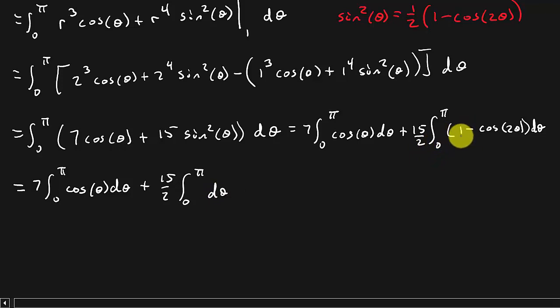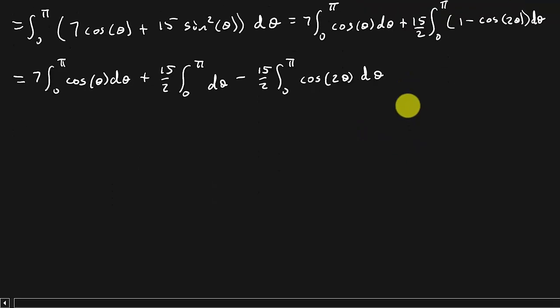So I'm going to integrate each one of these individually. Okay, I'm going to do the integral of 1 minus the integral of cosine 2 theta. So the 15/2 goes to both of them, and that's going to be minus 15/2 integral 0 to pi cosine 2 theta d theta.